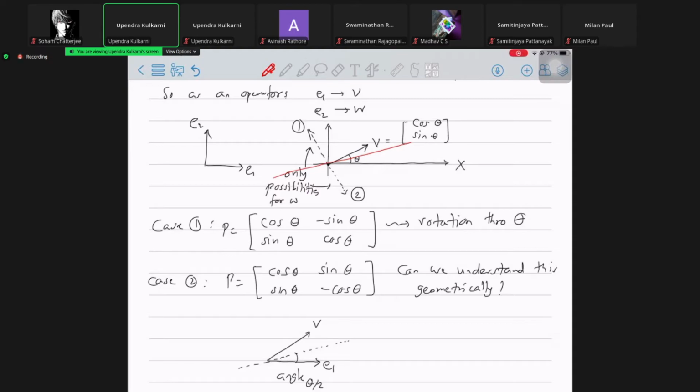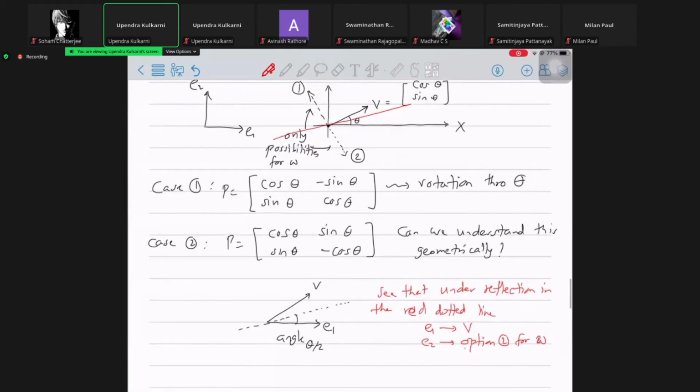So in the reflection in the red dotted line, I have E1 going to V and E2 going to option 2 for W. Okay, so this is a reflection.